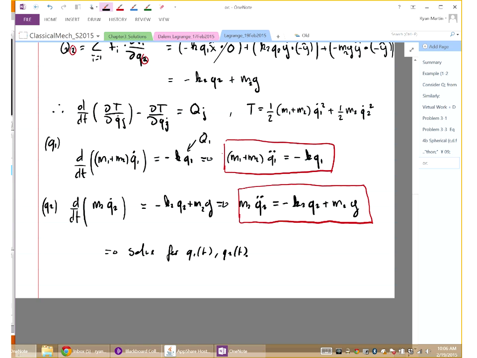So the first equation, for example, is like m1 plus m2 times d squared q1 by dt squared minus or plus k q1 equals 0.